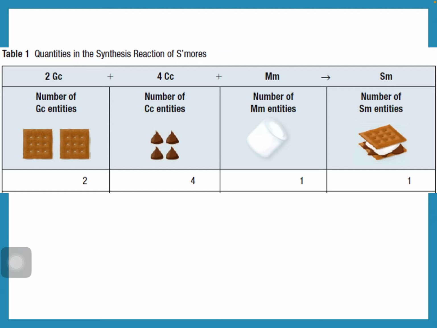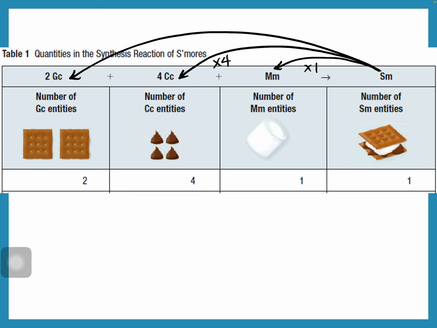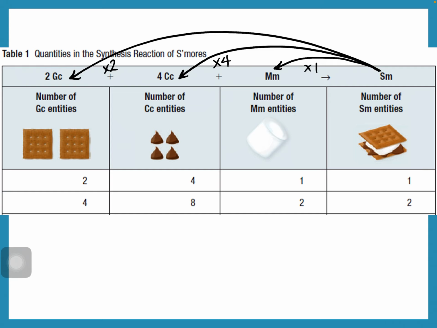So an analogy for this, if I am making s'mores, for every s'more that I make, I need one marshmallow, so same amount. For every s'more, I need 4 chocolate chips, so I need 4 times as many chocolate chips as s'mores I'm making, and for graham crackers, I need twice as many graham crackers as s'mores. So if I want to make 2 s'mores, I would need 2 marshmallows, 8 chocolate chips, and 4 graham crackers.